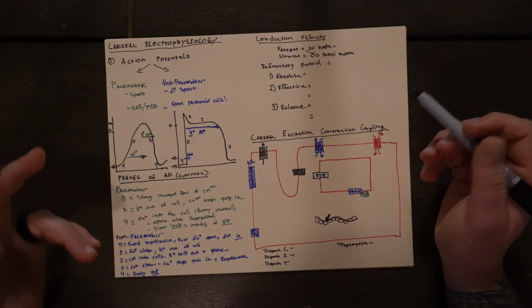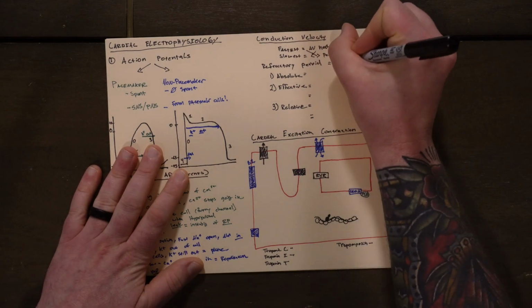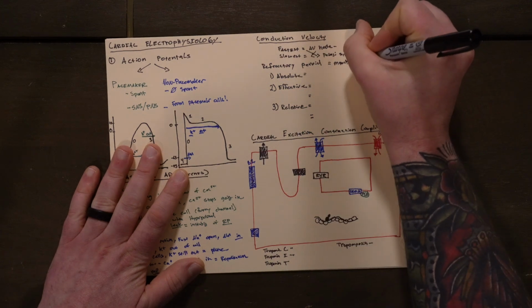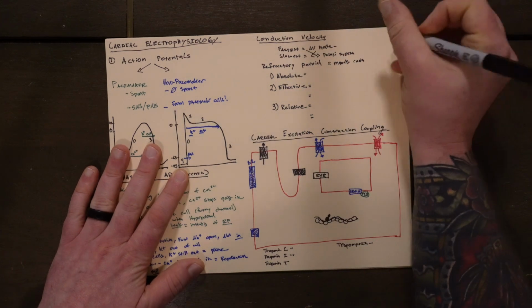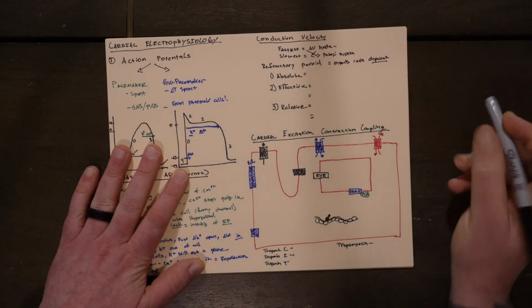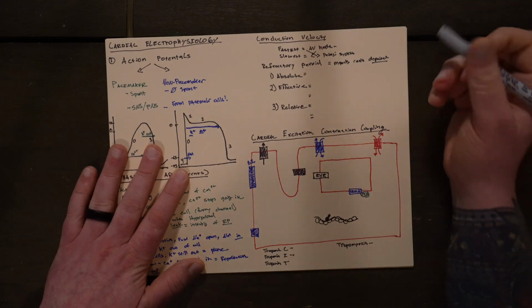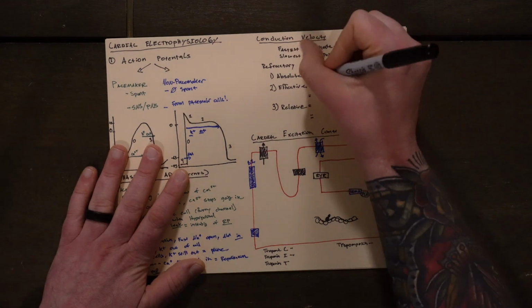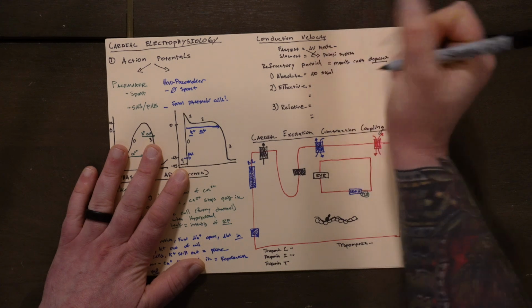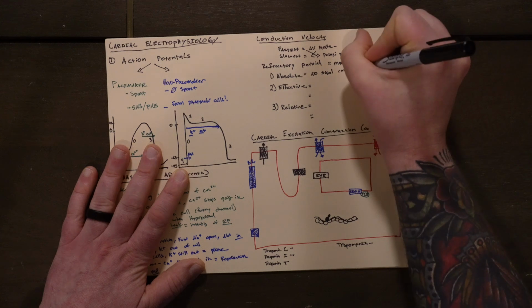Well, the refractory period is the period of time where the myocytes, or the non-pacemaker cells, can't depolarize. All right, and so there's 3 different types: the absolute, effective, and relative. The absolute is no signal, no matter how big, can cause depolarization.